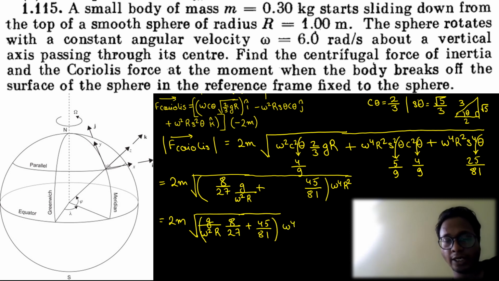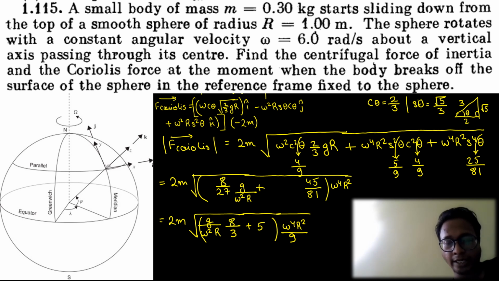Omega 4 r square. Now if I take 9 common, this term would become 9 and this term would become 3. So similarly 3 and 9. And we know that 9 5s are 45, so this would get cancelled by 5. So only 5 remains out here.